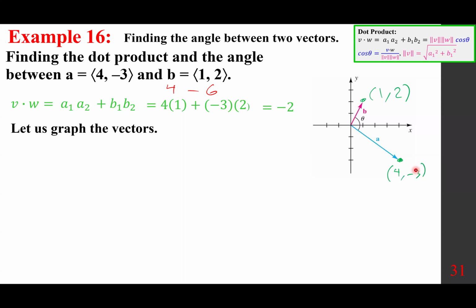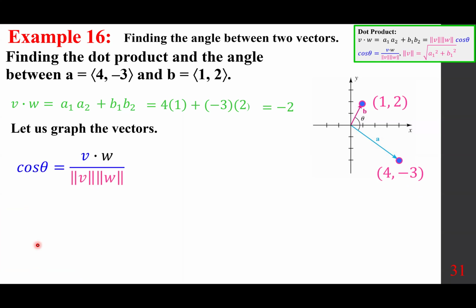And we want to find the angle in between. We are going to use this formula. So this point with coordinates (4, -3), this point with coordinates (1, 2).